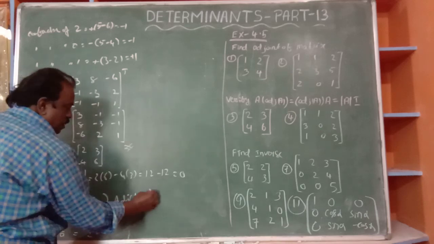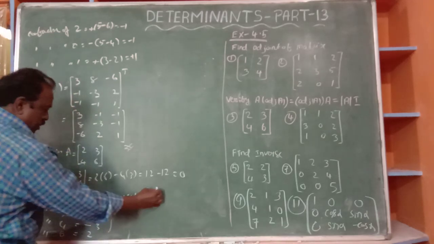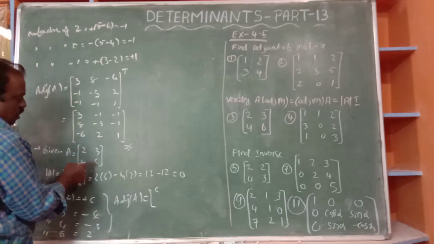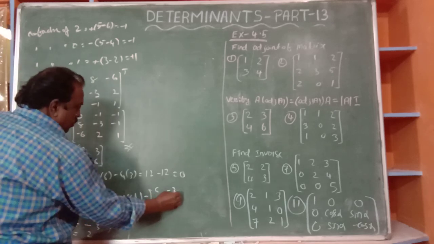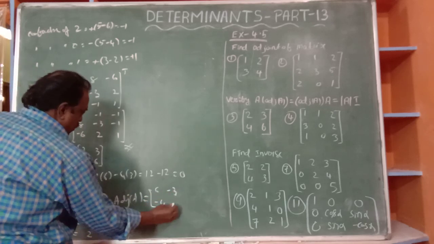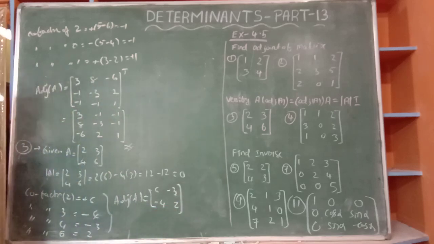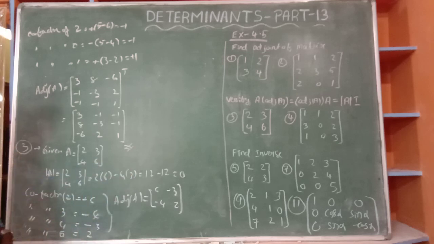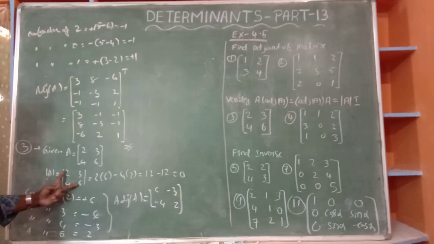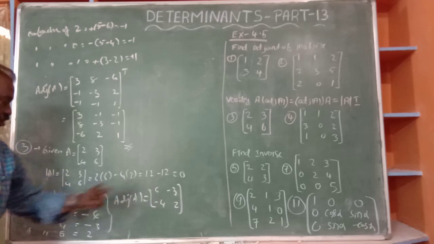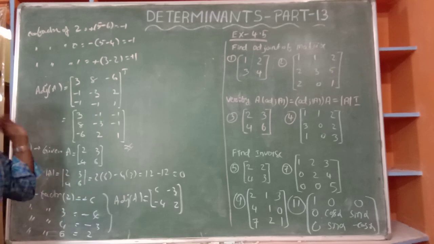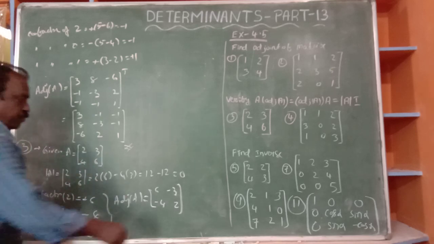You simply replace with the cofactors. It is 6, minus 3, minus 4 and 2. Directly, without mentioning the transpose, I put the answer. In the previous problem, A, B, C, D: the first diagonal elements are interchanged, and only the sign changes. Plus 3 becomes minus 3, plus 4 becomes minus 4.